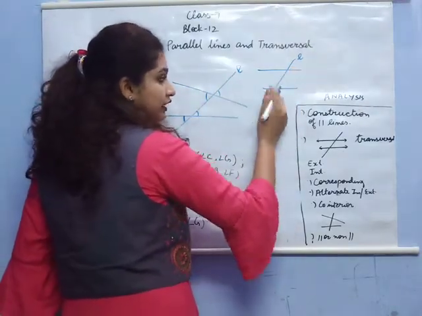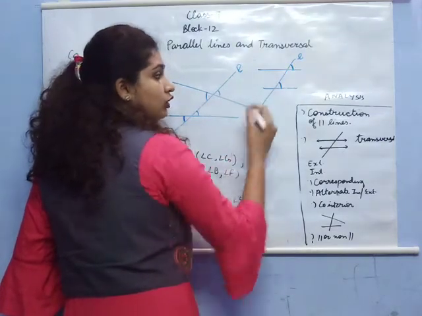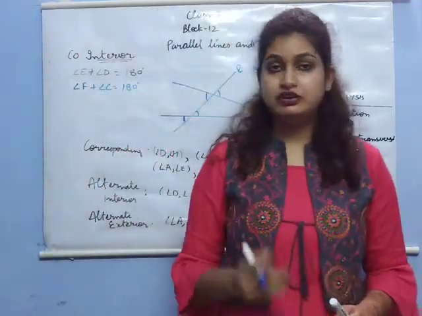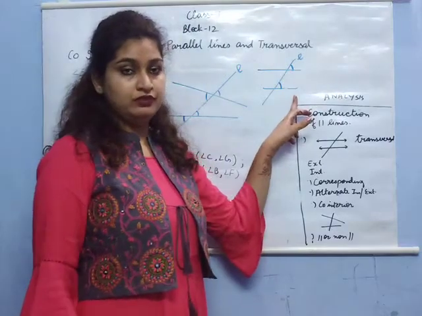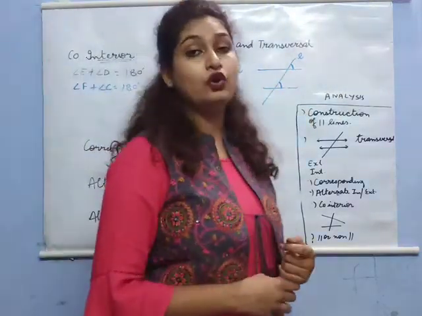If this angle's measure is equal to this angle's measure, corresponding angles are equal, alternate interior angles are equal while measuring, that means the lines are parallel. If the angle measures are not equal, that means these lines are non-parallel.